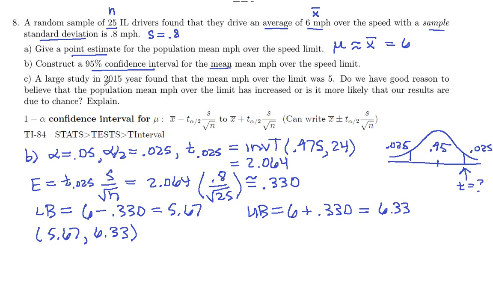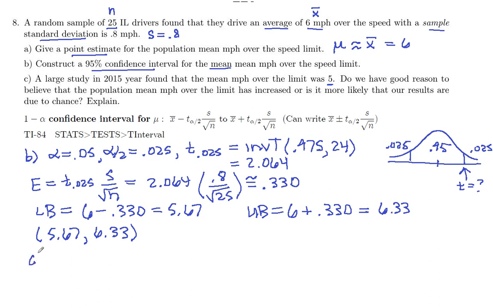And then part C, a large study in 2015 found that the mean miles per hour over the speed limit was 5. Do we have reason to believe that the population mean miles per hour over the limit has increased, or is it more likely our results are due to chance?